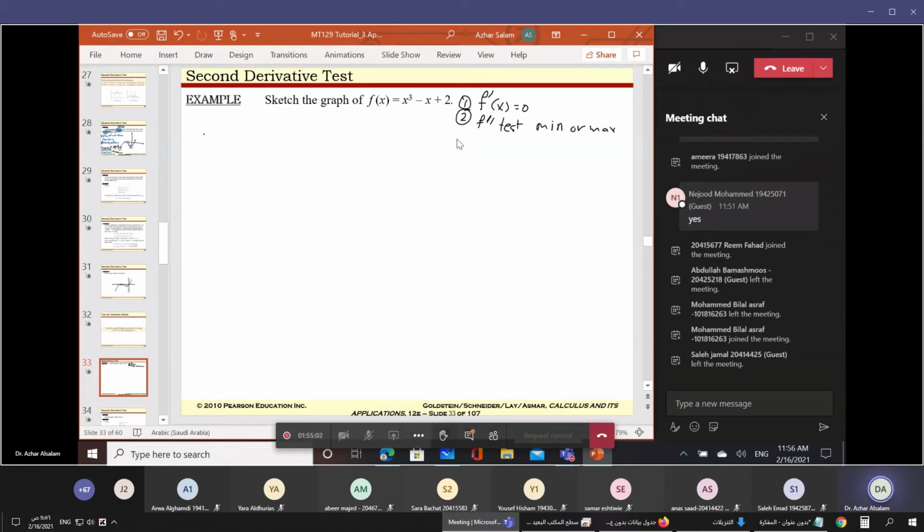Also, I set the second derivative equal to 0 to find the inflection point and concavity. Okay, this is how to sketch a graph.